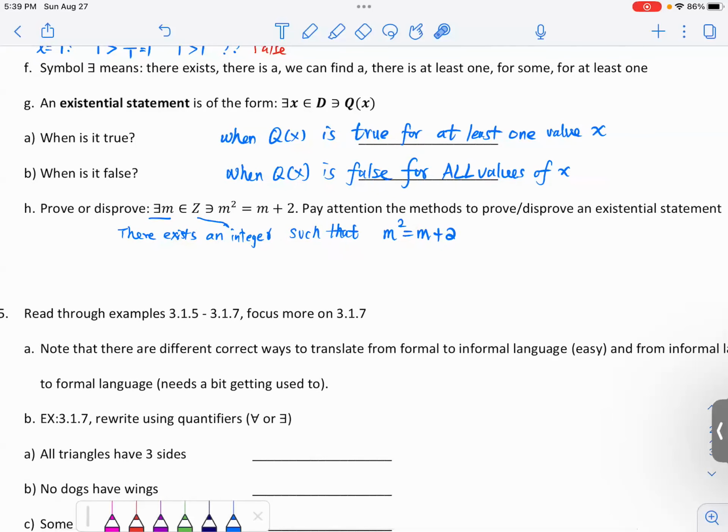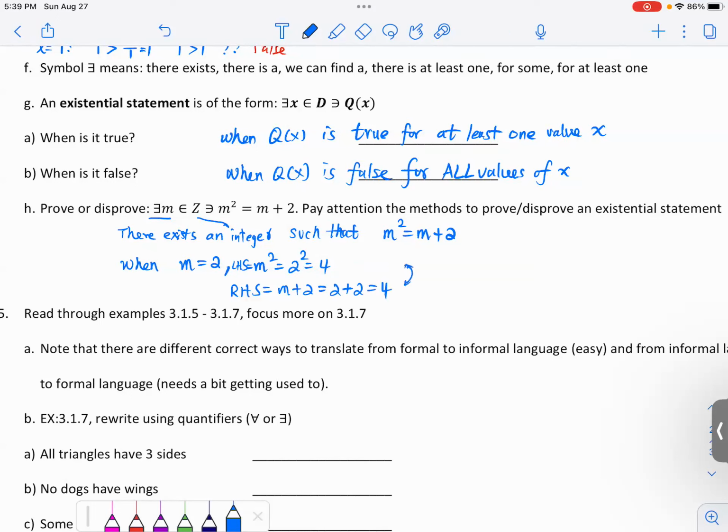All right, so I think it would not be too hard to find that when m is 2, we can see that m squared is equal to 2 squared, which is 4, right? This is your left-hand side, by the way. And take a look at the right-hand side. The right-hand side is m plus 2, which is 2 plus 2, which is 4.